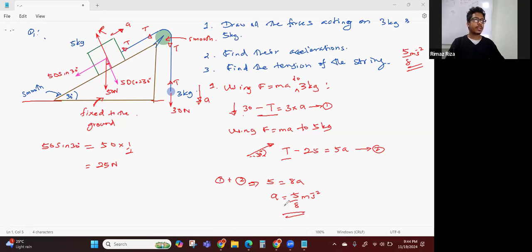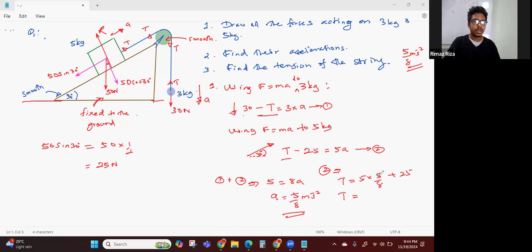And then we want to find the tension. So we can substitute in equation number 2. From 2, I have T equals 5 into 5 over 8 plus 25.